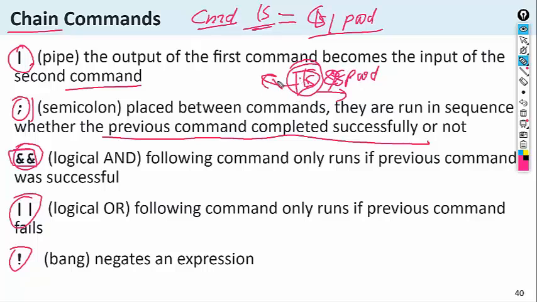If the first command does not execute, then the second command is discarded automatically. And logical OR runs when the previous command fails. Means if the previous command fails, then the second command will run. The bang is always used for negative expressions.